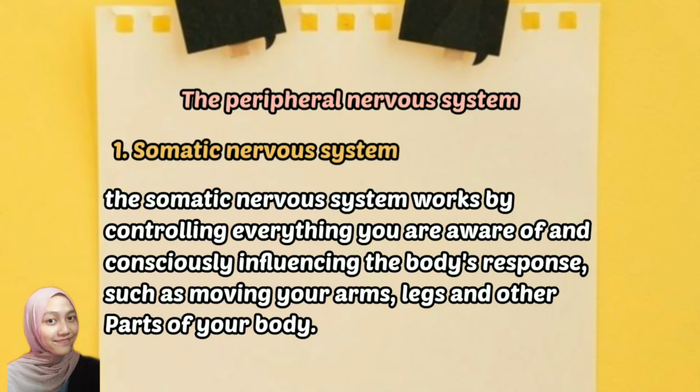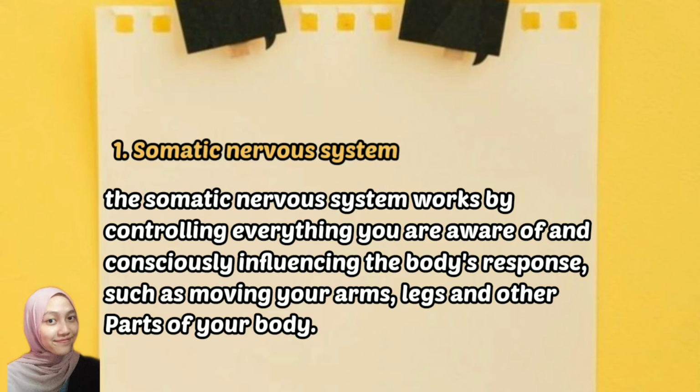The peripheral nervous system. 1. Somatic nervous system. The somatic nervous system works by controlling everything you are aware of and constantly influencing the body's response, such as moving your arms, legs, and other parts of your body.